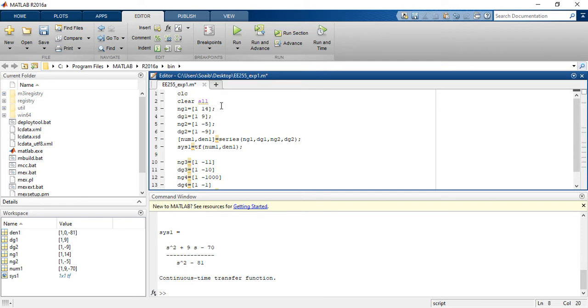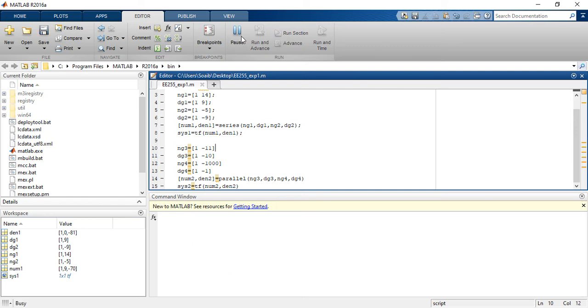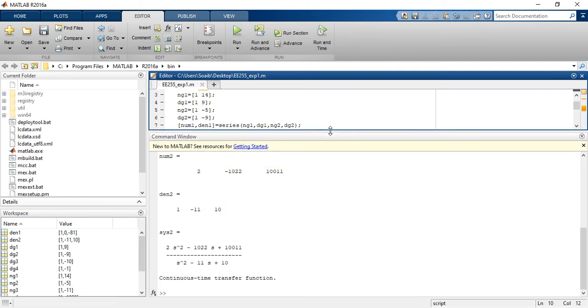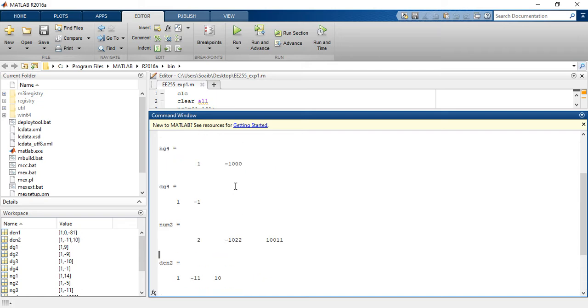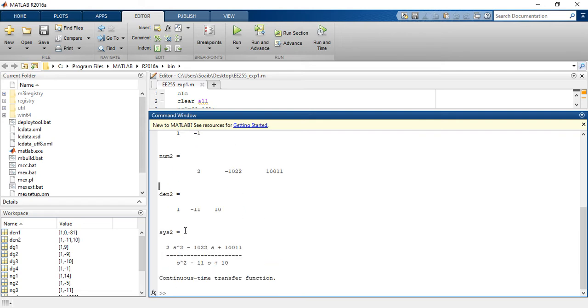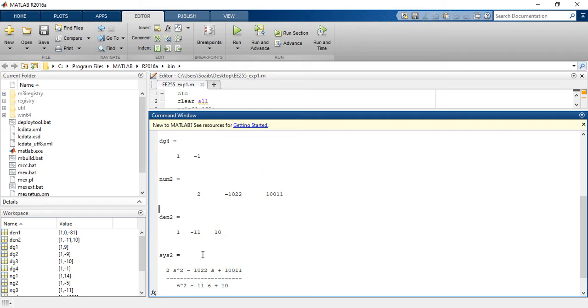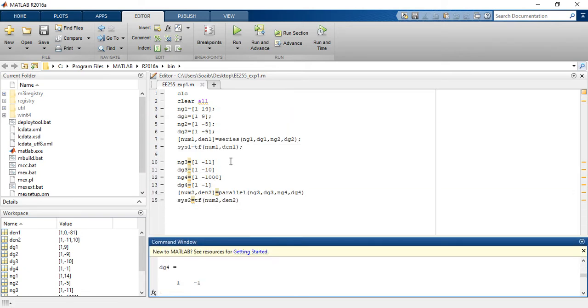So again I'm running it. If I run it, you can see the answer over here, that is ng3, dg3, ng4, dg4, num2, den2 we have got, and system number 2 is this. So if you make the parallel connection, you will get this. This is regarding your parallel connection.